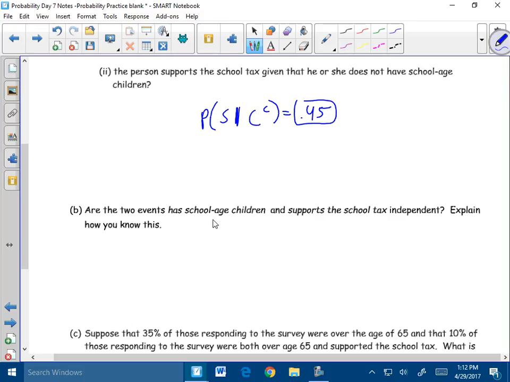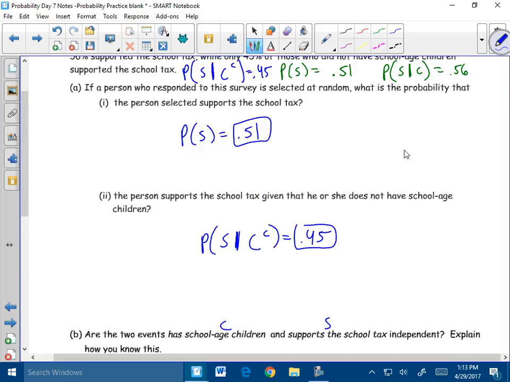Okay, part B says, are the two events has school-aged children and supports the school tax independent? So think for a second. We just reviewed it. How do we test to see if two events are independent? If I want to check for independence, I'm going to check my conditional probability. So again, I have school-aged children, which is C, and supports the school tax, which is S. Now I can do it in any order, right?